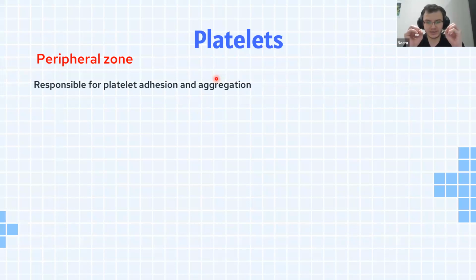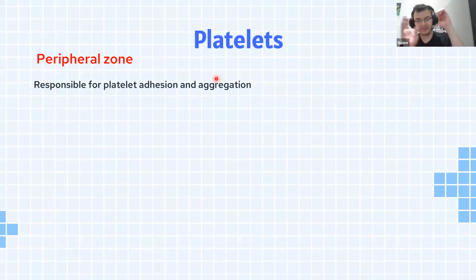Aggregation happens between platelets. When a platelet and a platelet come together and bind together, that's what we call aggregation. So platelets binding together is aggregation.